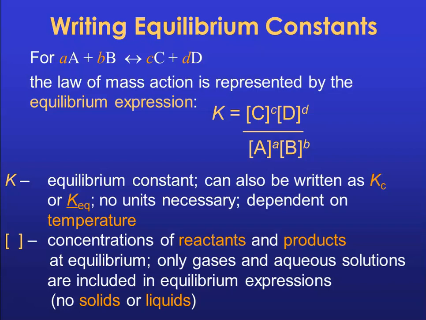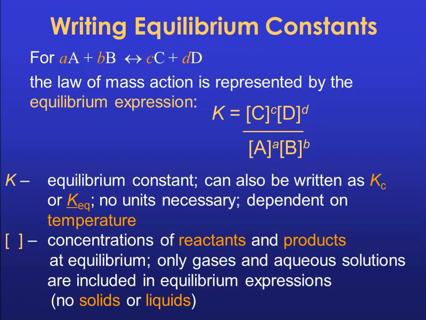It can be written as Kc or as Keq. Kc is for concentration, Keq is just the standard equilibrium. But all of these are compared to concentrations of 1 molar, so K itself is unitless. It is dependent on temperature. As temperature changes, your value of K will change.